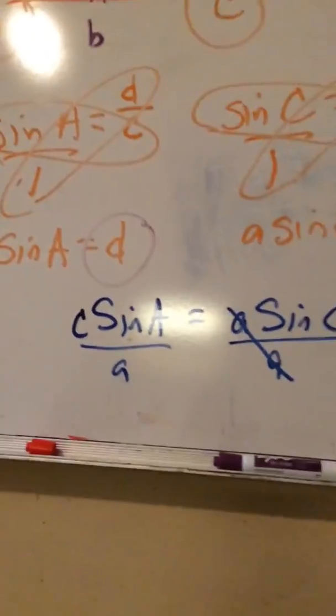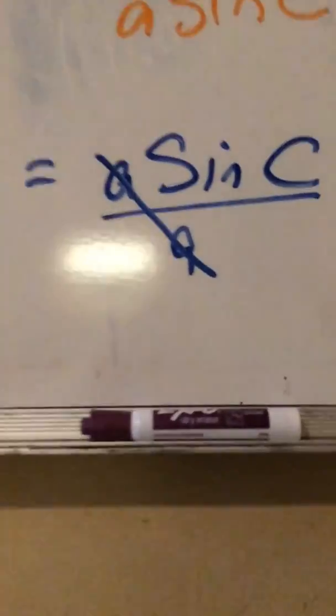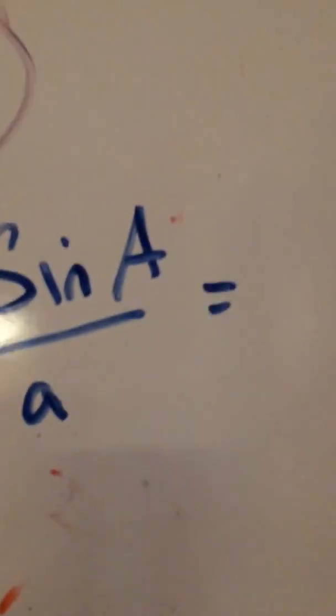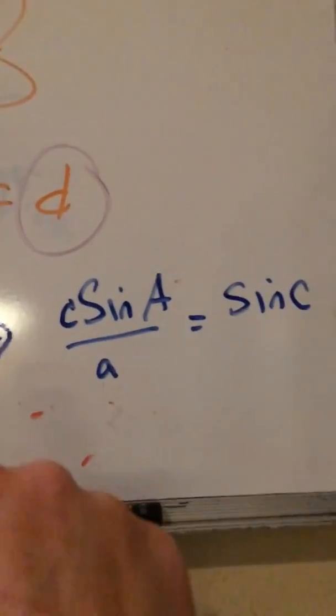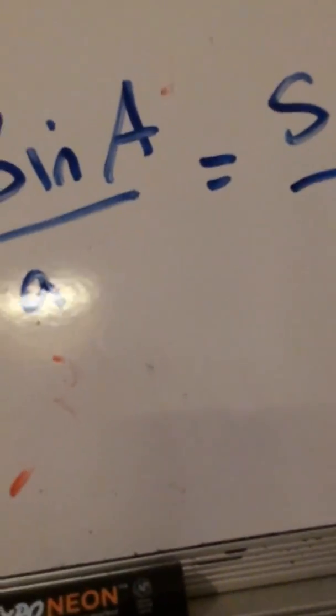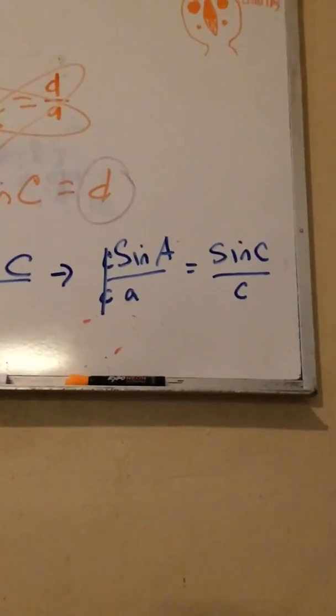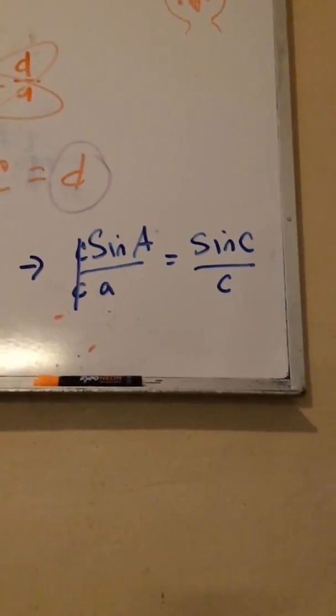Let me rewrite it as c sine of A over little a equals sine of C. I want to get that c on the other side, so if I divide both sides by it, goodbye, little c, and I have proven to you the law of sines.